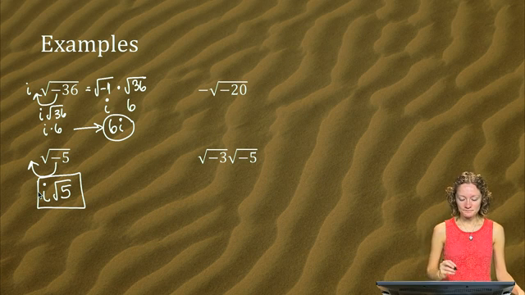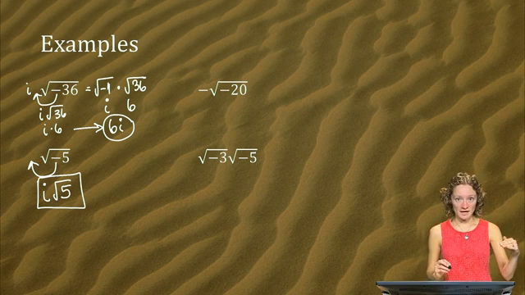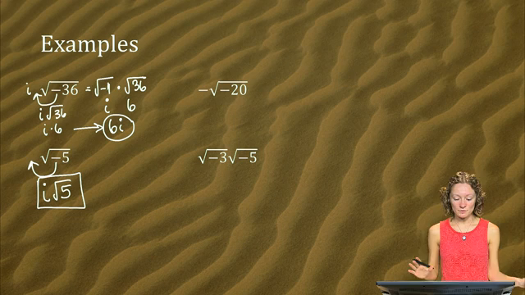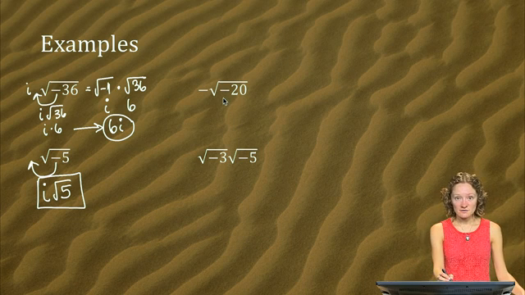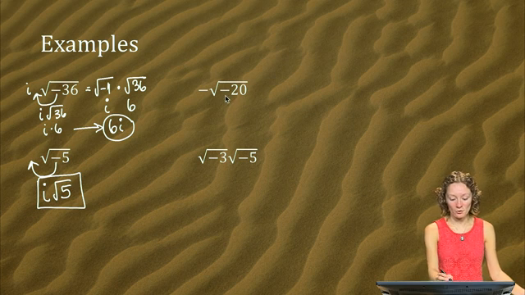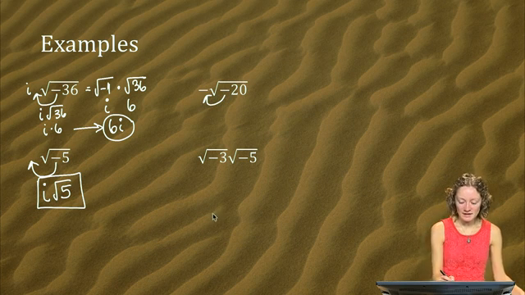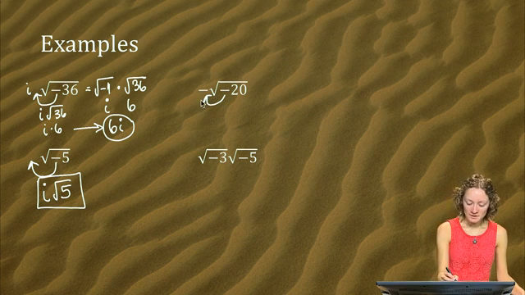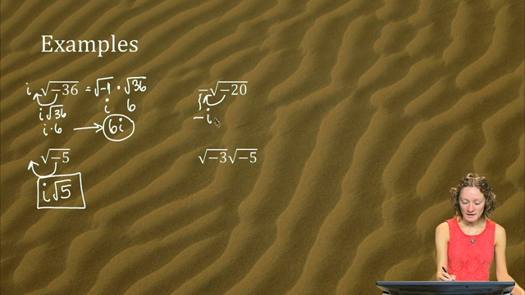Okay, the next one. There's a negative on the outside. Remember, that was always okay. There was no problem there. And then the negative underneath the radical. This is where the problem was before, but now we know we can take that negative out as an i. So there's already a negative on the outside, and then the negative inside came out as an i.